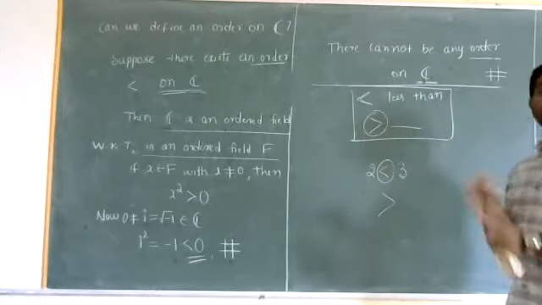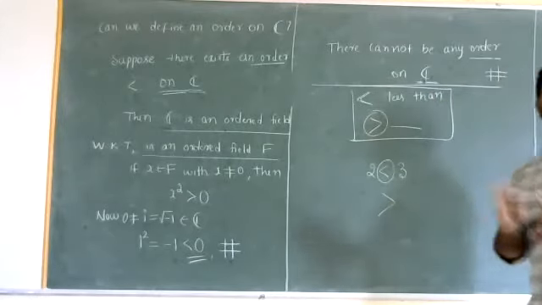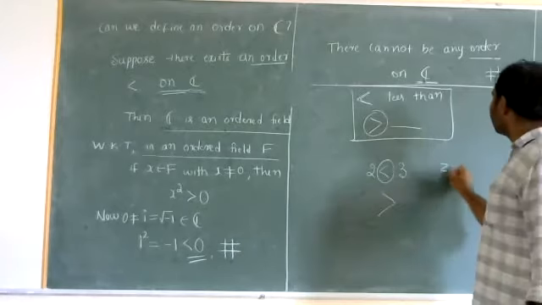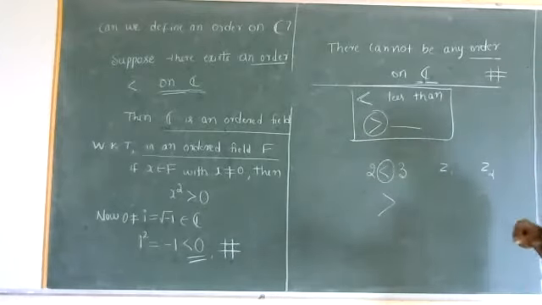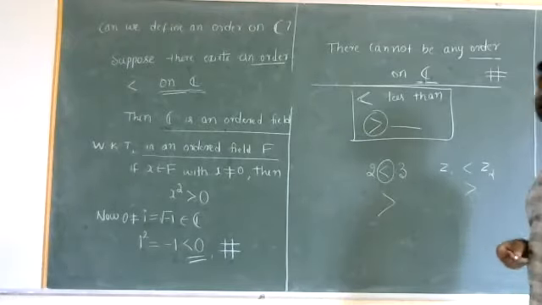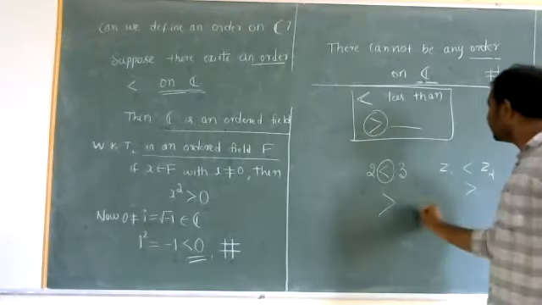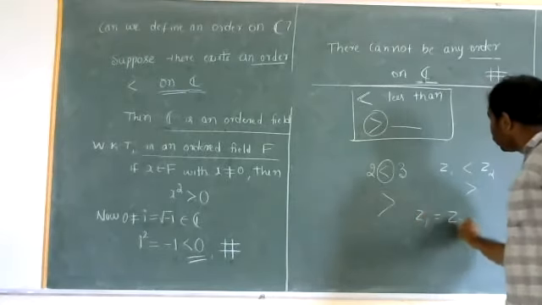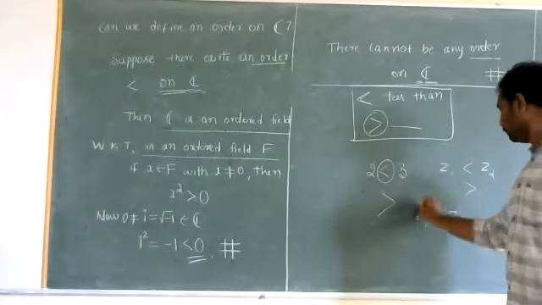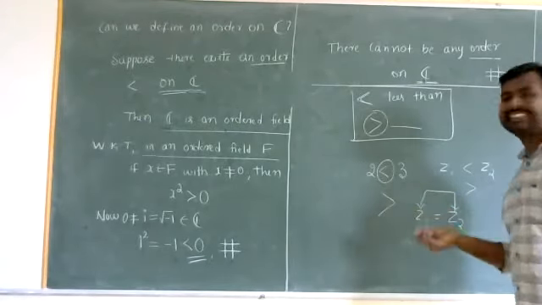So there is no notion of less than or greater than on the set of all complex numbers. If you have two complex numbers, you cannot say Z1 is less than Z2 or Z1 is greater than Z2. The only thing is you can equate two complex numbers. I can say Z1 is equal to Z2 whenever both have the same representation.